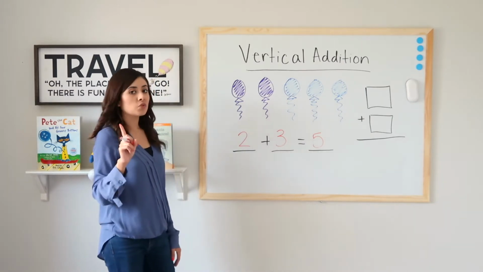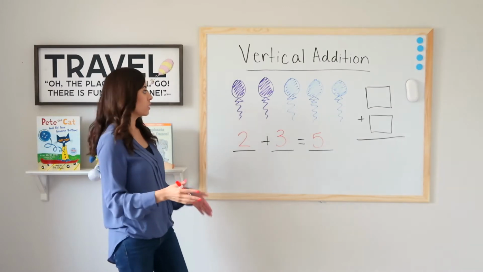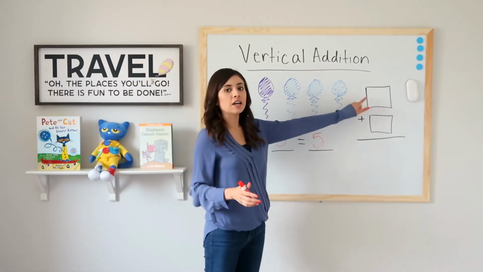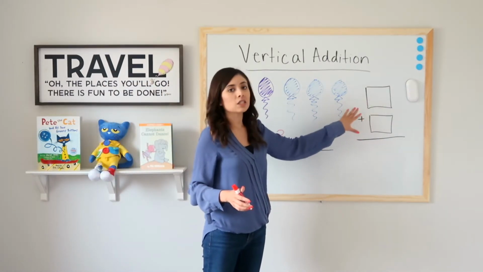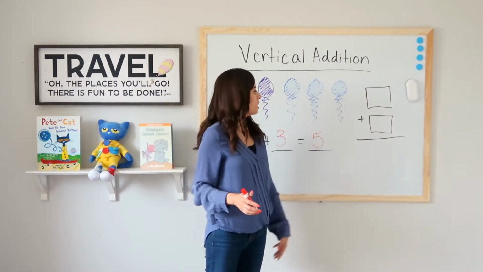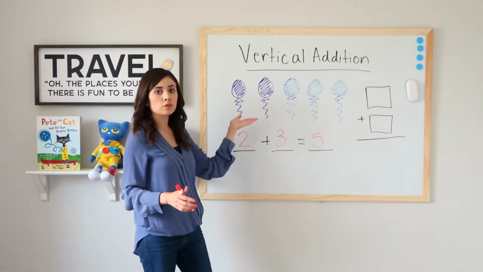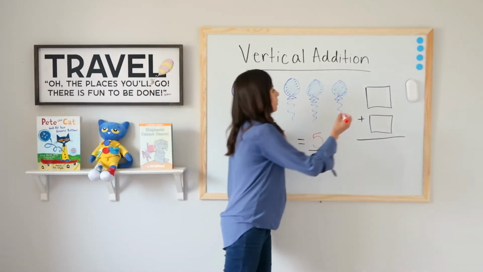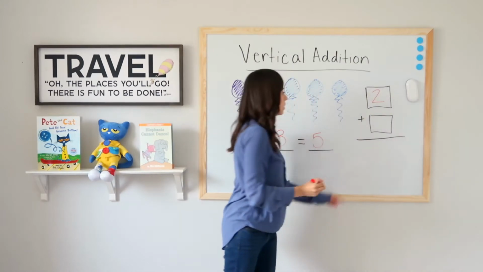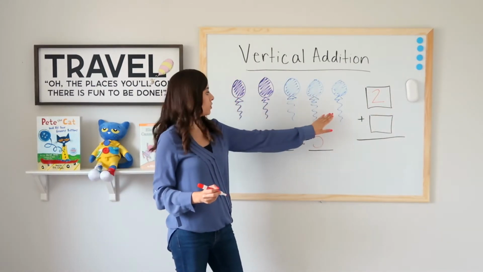Now, did you know that you can also write it vertically, up and down? Over here, I have set up a vertical addition number sentence. All we have to do is plug in the numbers. So I said that I have 2 purple balloons. So I will write 2 plus, how many blue? 1, 2, 3.